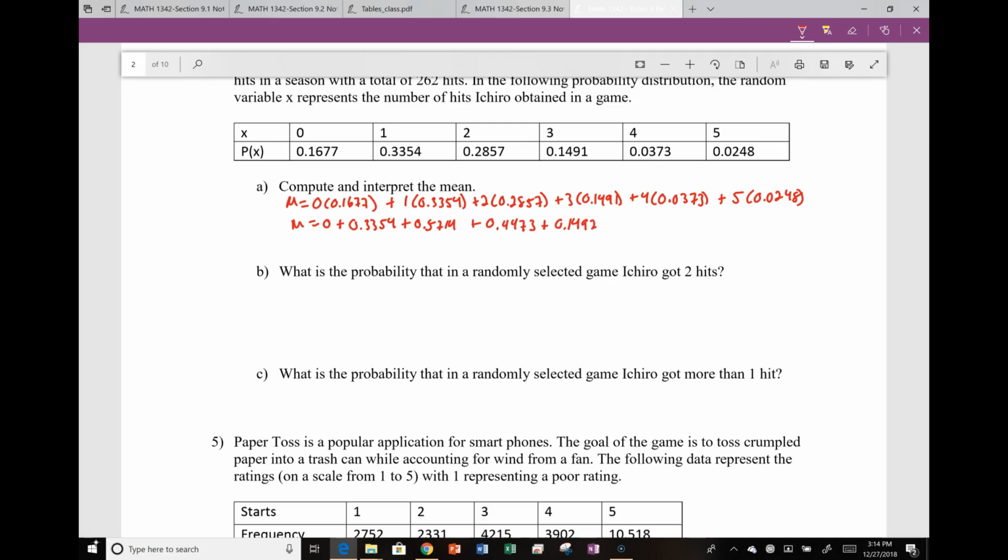And 5 times 0.0248 is going to be 0.124. We add this up and we get 1.6273.